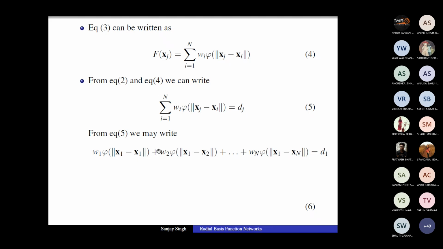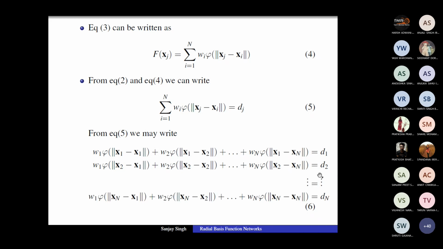So w1 phi of x minus x1, w2 phi and so on, with x1 remaining fixed, and that is equal to the corresponding value d1. Similarly, I can substitute j equal to 2, and you get something like this. Likewise, I can do this until j is equal to n, that is the nth data point. Once you do this, you get dn.